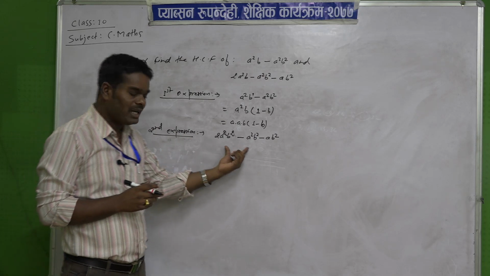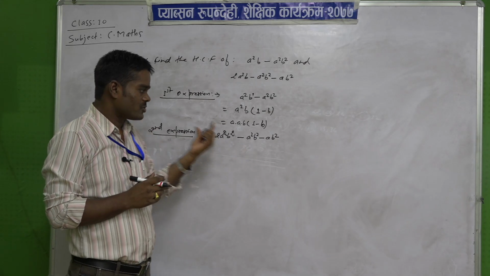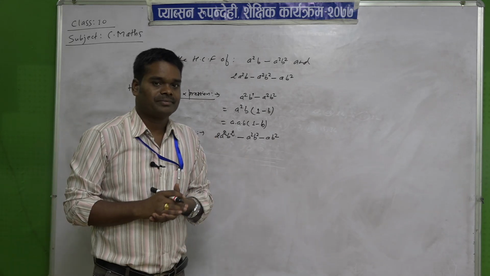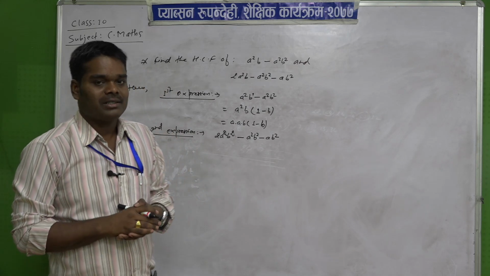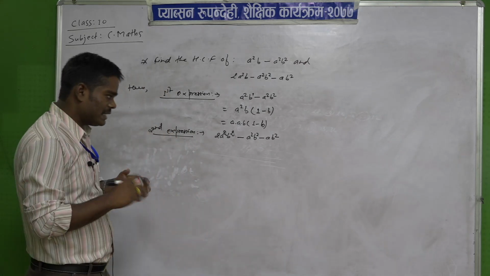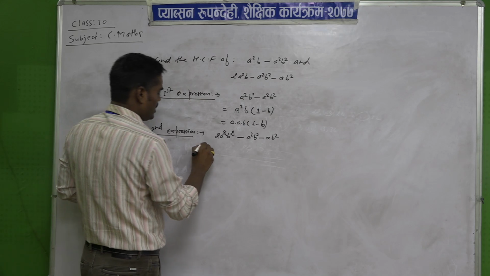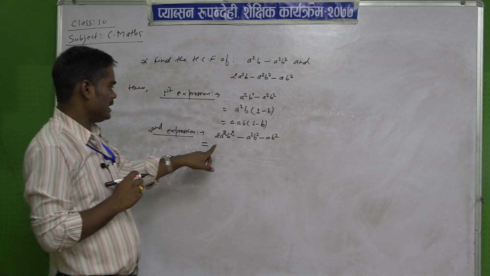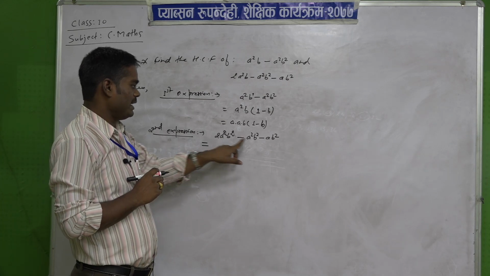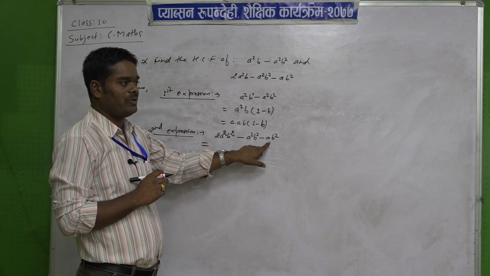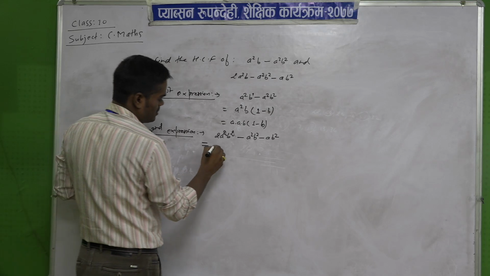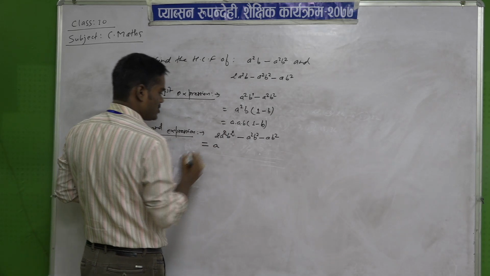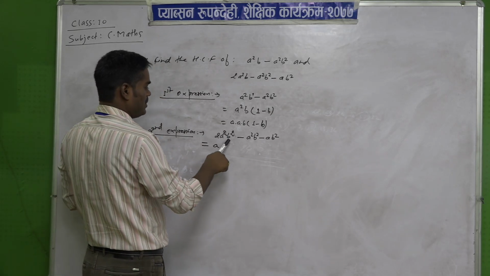This is a trinomial expression. As I told you just now, if there is a common factor, firstly take it out and then factorize. Let us see. Always take the lowest power as common, so a is common.